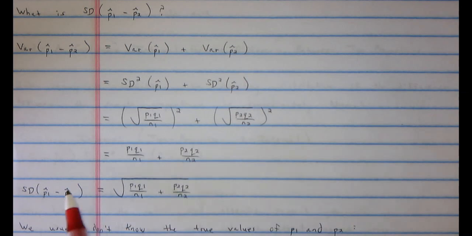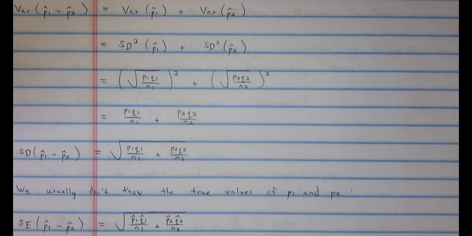And then the standard deviation of the difference, p1 hat minus p2 hat, will be the square root of the variance, so the square root of what we just found. We typically don't know the true values of p1 and p2, the true population proportions, so we'll use the sample proportions and estimate the standard deviation of the difference.